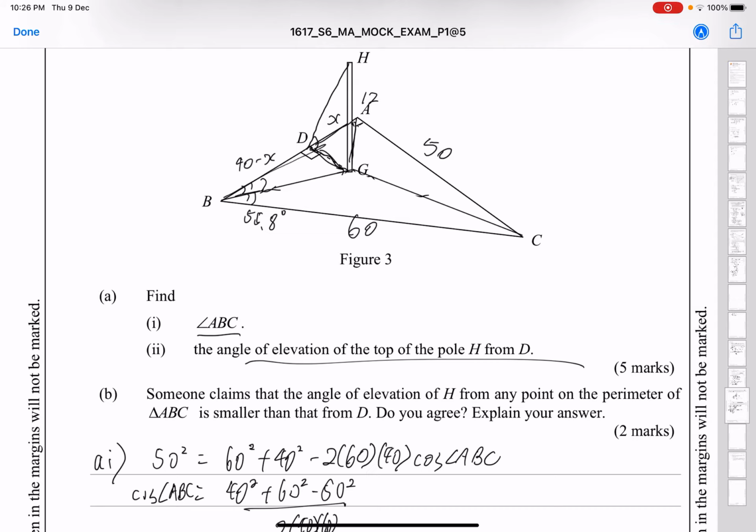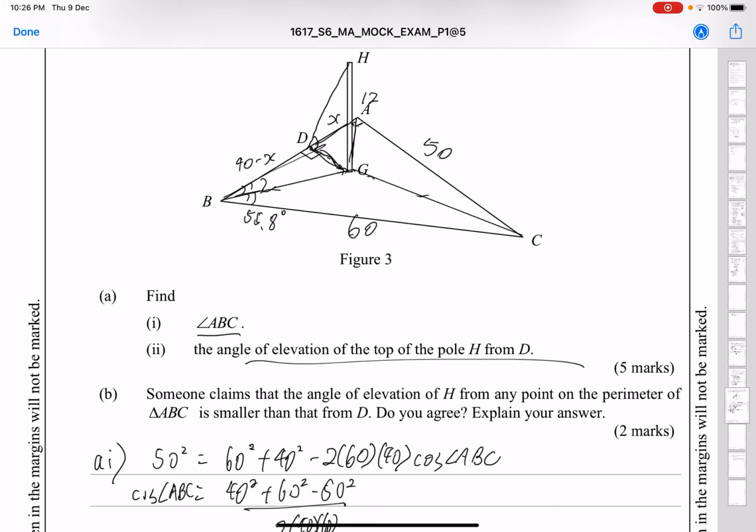By applying tangent 55.8 degree divided by 2, which is this angle right here, it's equals to DG over 40 minus x.